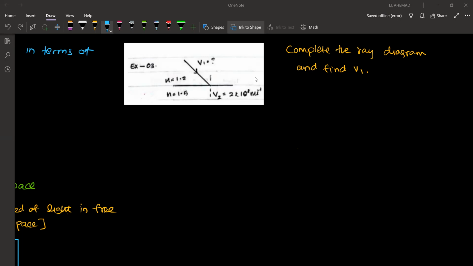Yeah, it's towards the normal. What is the reason? This is more dense. This is less dense. So it's moving from rare to dense. Rare to dense means towards normal. So draw the light ray like this. Draw the unaffected ray with a dotted line, and then draw the refracted ray and find what is V1.